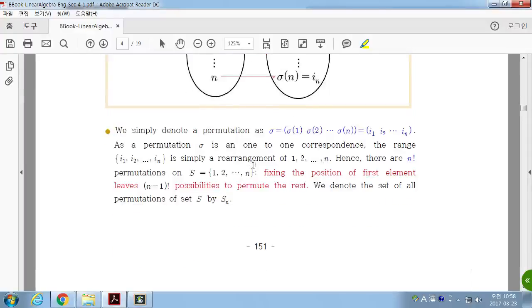We simply denote the permutation as sigma.